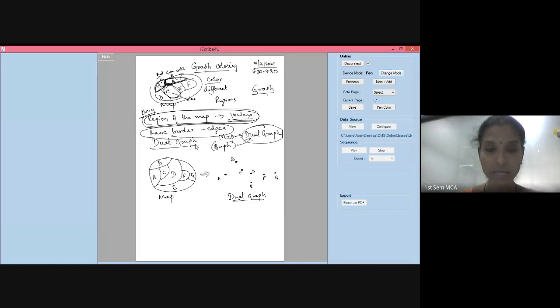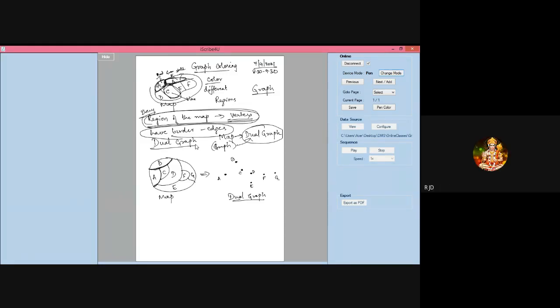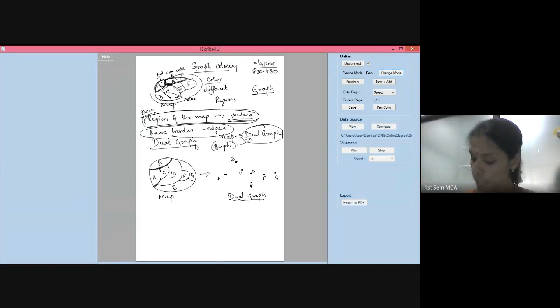Now I'll try to connect this. If both these regions are going to share the same border, then I will connect it with an edge. Now, look here. This is B, right? That is B. This is my A. Is A and B sharing a common border? Yes. So I will connect A and B using an edge.